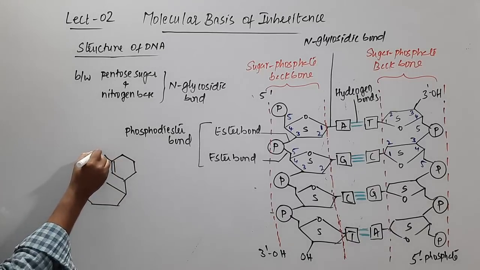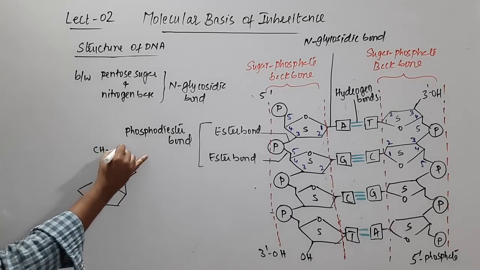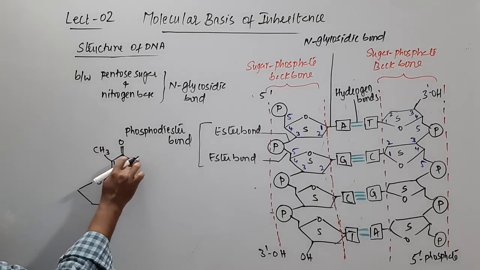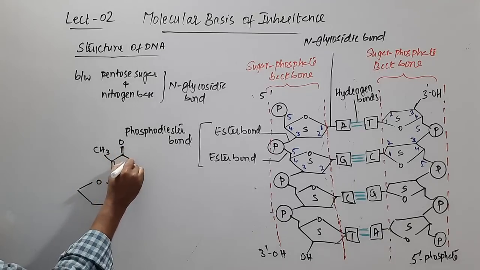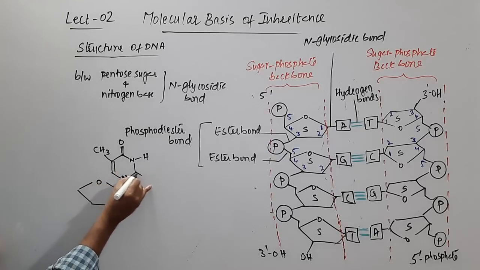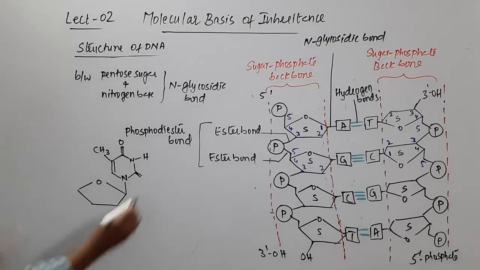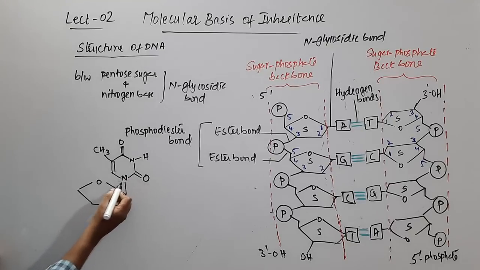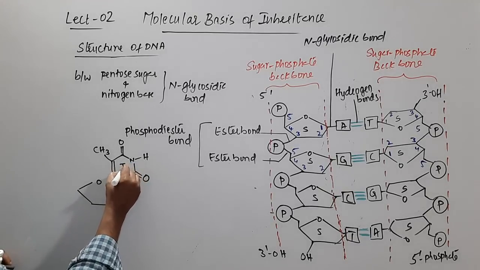So here we have CH3, and this will be NH, and here again there will be N, and here we see another double bond O. So this is how we see it in the case of thymine. So this is thymine.